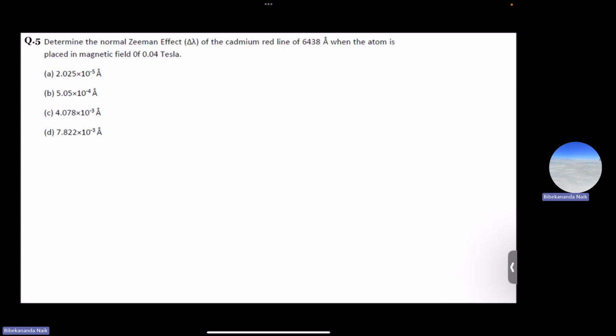The Zeeman effect is basically of two types. One is the normal Zeeman effect, another is the anomalous Zeeman effect. In the normal Zeeman effect, the spin of the electron is not considered. Only the orbital motion is considered, and the levels which are split, in terms of different energy, correspond to different L values. In the normal Zeeman effect, a single spectral line is split into three lines.